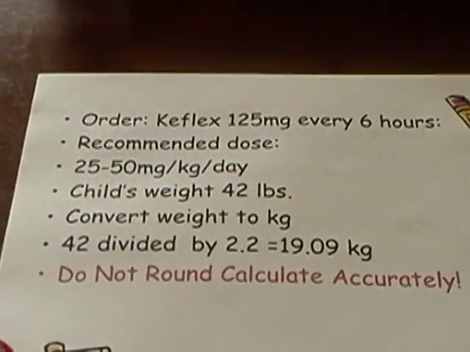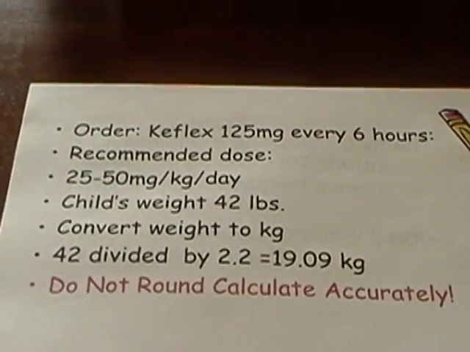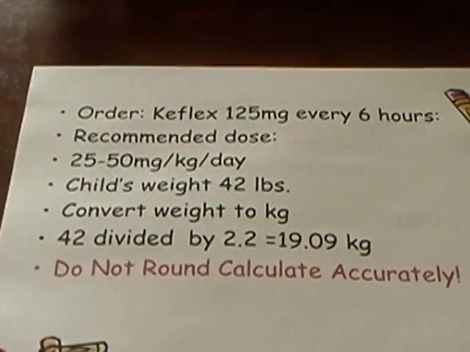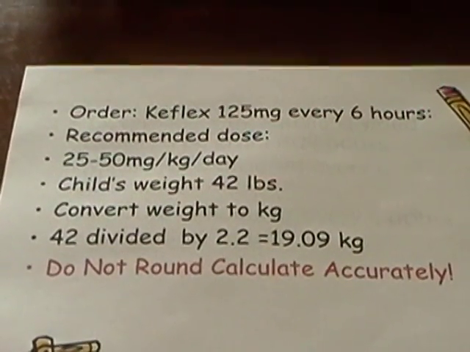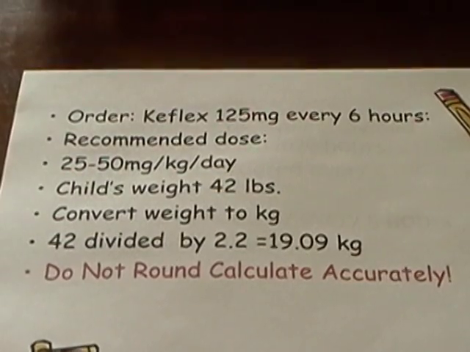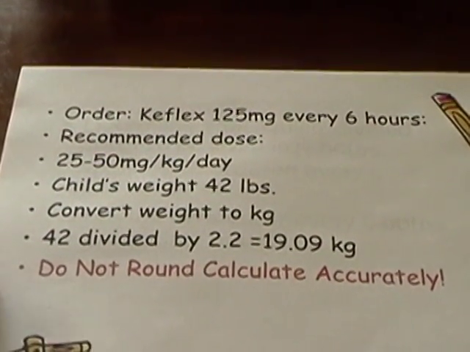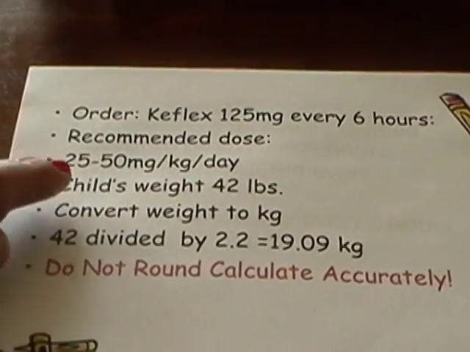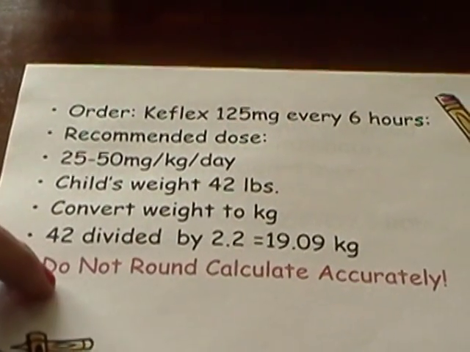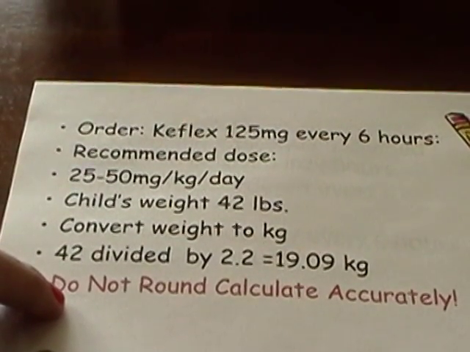We have an order to administer Keflex 125 milligrams every 6 hours. The recommended dose in the drug book is 25 to 50 milligrams per kilogram per day. Anytime that you have a range, you will take the larger number, in this case 50, and that is what we will use to calculate.